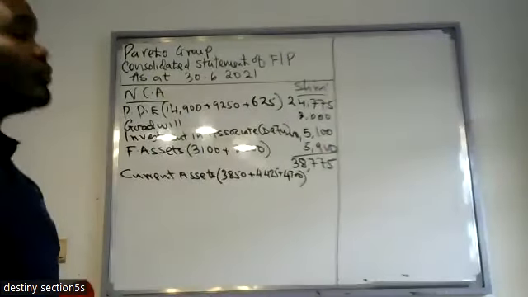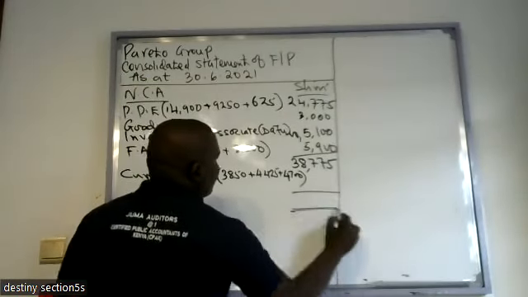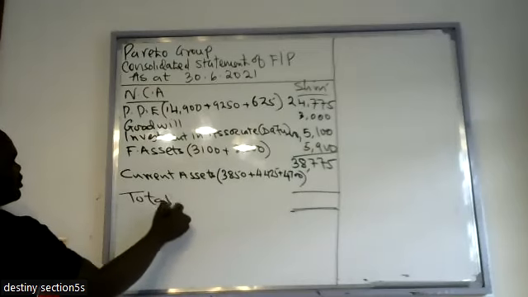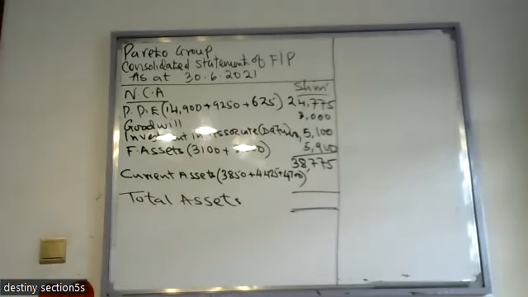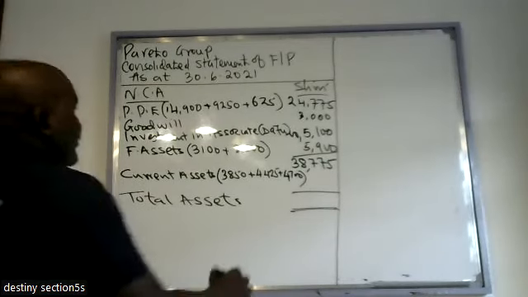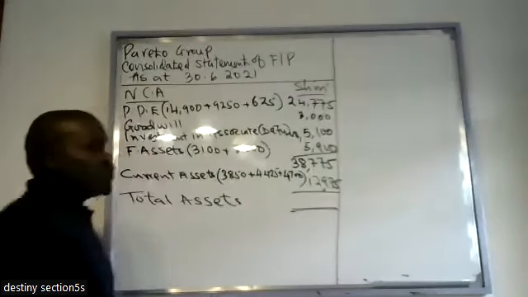Can you give me the value of current assets? The value of current assets. People are getting 12,975. Give me the total assets.